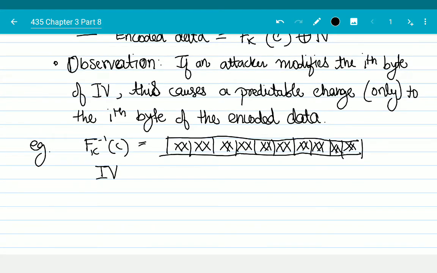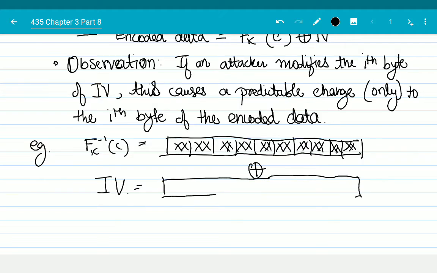I have some initialization vector which I am XORing with, and I don't care again what most of it is. 9E, 02, 7C, 00, 21.